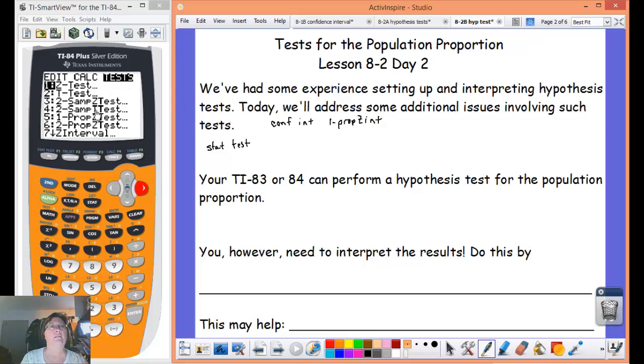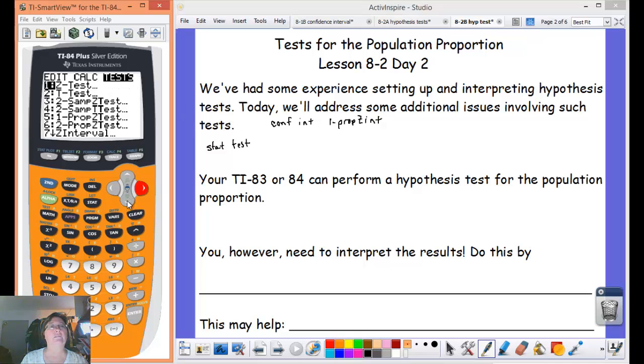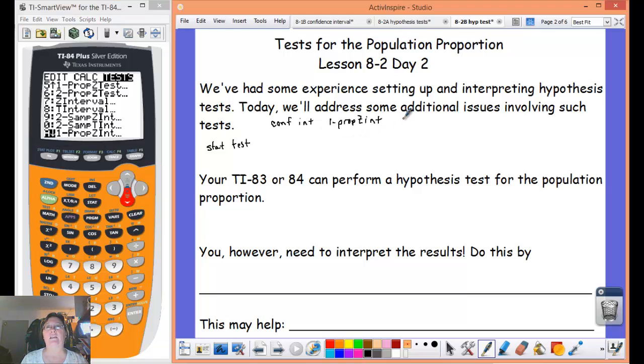Now I see tests, but we haven't found an interval yet, so I'm going to just scroll through here. There's an interval. We want the one prop z int. There it is. That will give us a confidence interval. That's choice A. It'll give us a confidence interval based on a sample proportion.